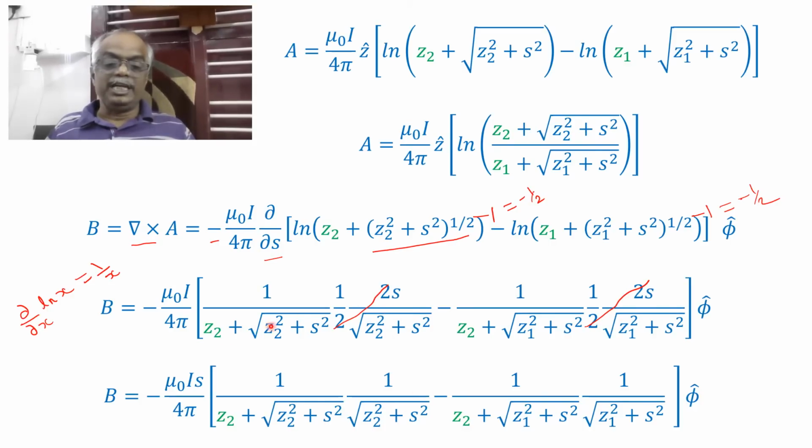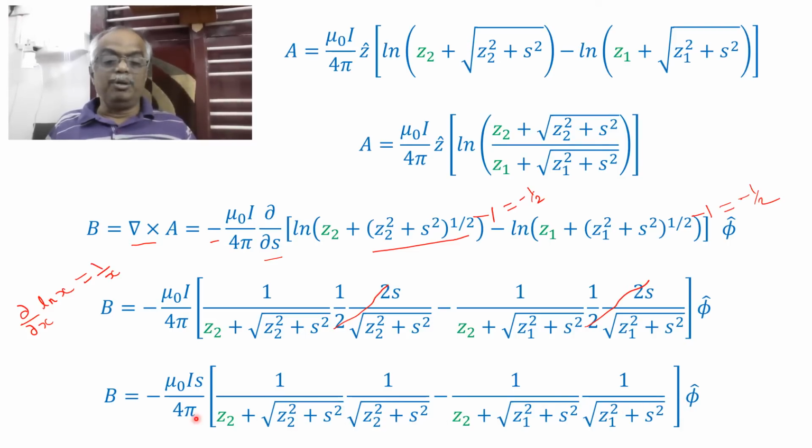Then, because I have taken s outside, 1 over square root of z2 squared plus s squared. Same thing is here. This is along the phi direction, phi cap, the unit vector along the phi direction, because the magnetic field is perpendicular to the current applied, so it is along the direction phi cap.